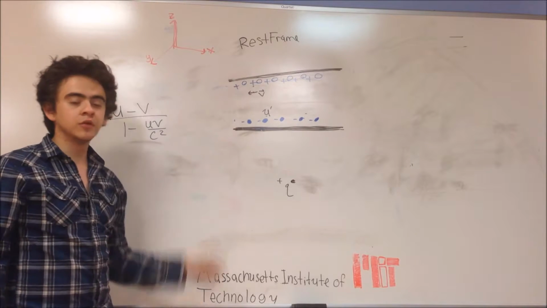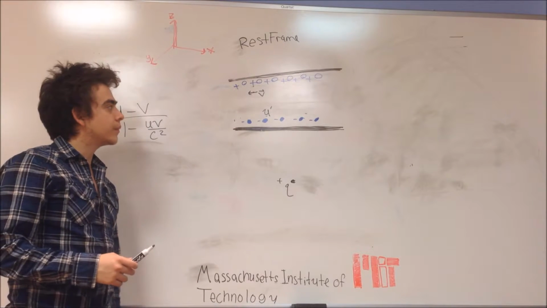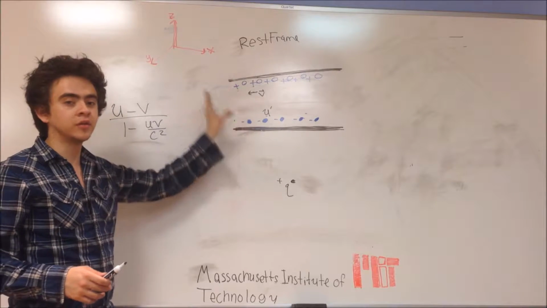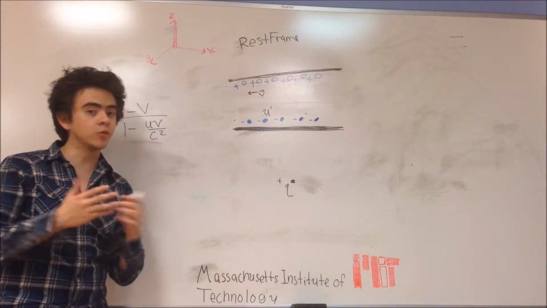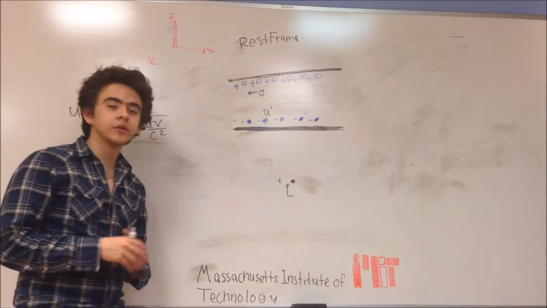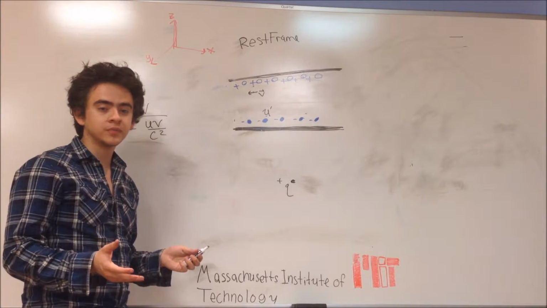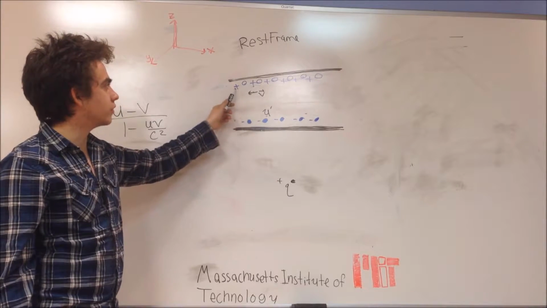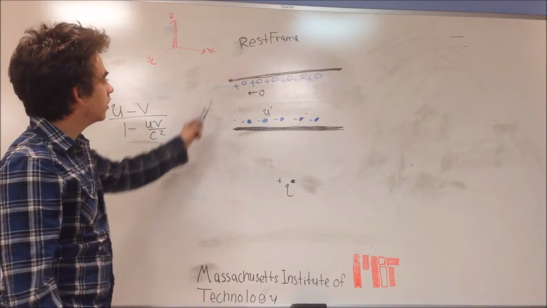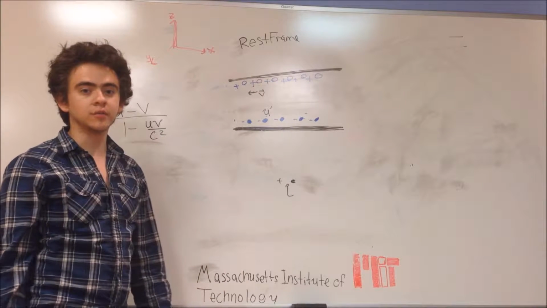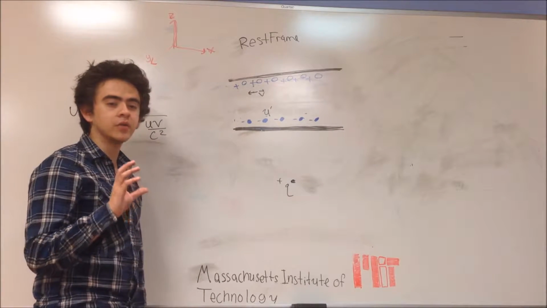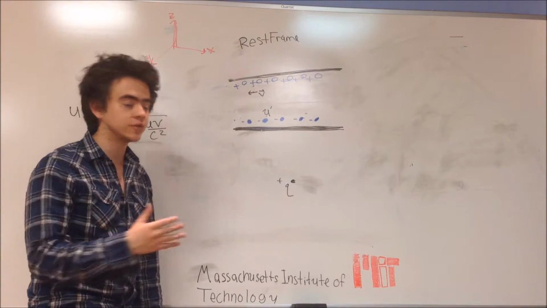But now, because they're moving at different velocities, and it's not the particle that's moving but actually the wire that's moving, there will be a length contraction of the wire. This contraction is going to be different for the positive particles and the negative particles. The reason is that their charge density is going to change differently.